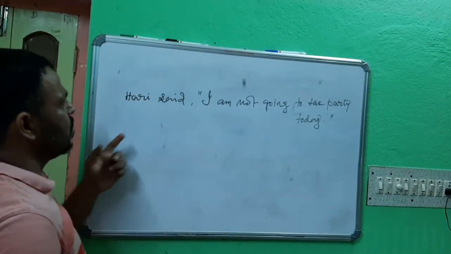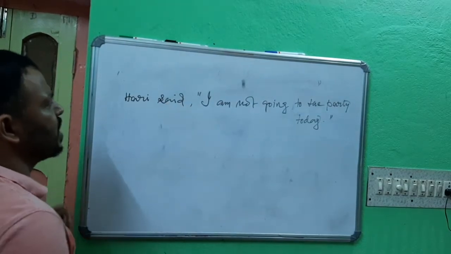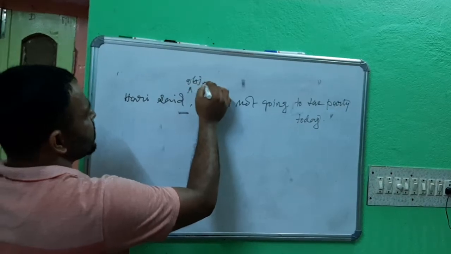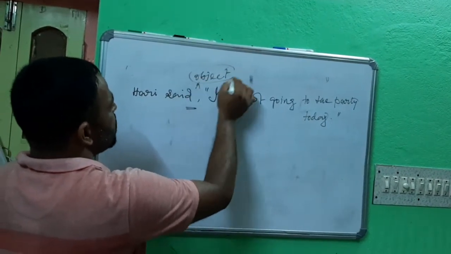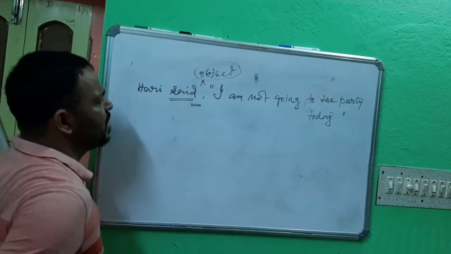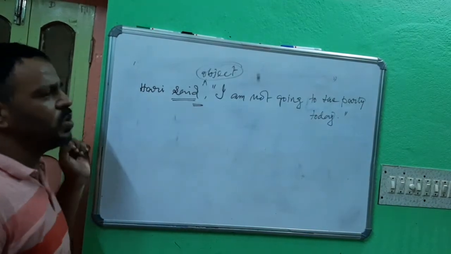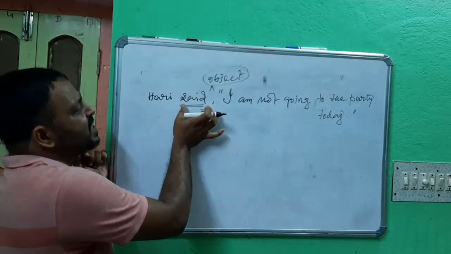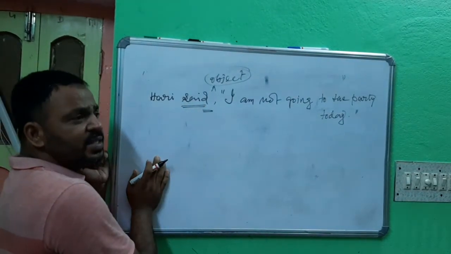There is no person spoken to. That is, the object is not there. No object is there. So how will you change it? I have told that said to will be converted to told, but here only the word said is there. So how will you change it?